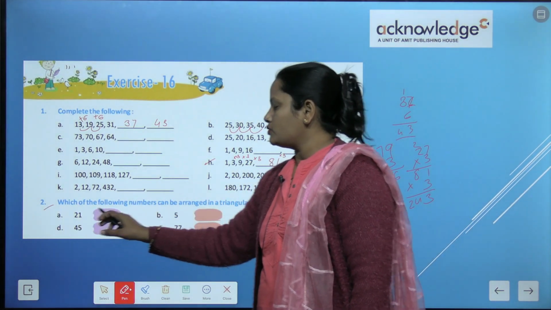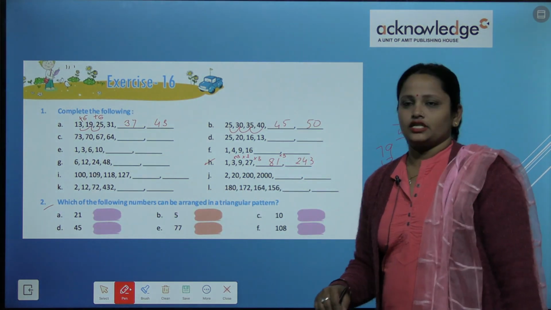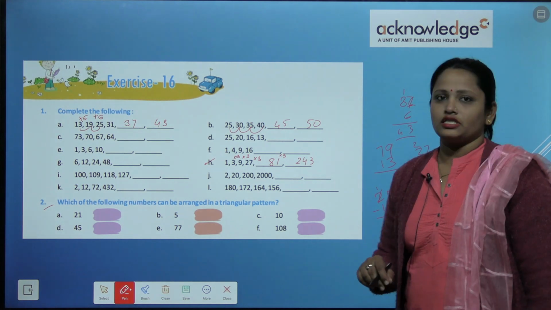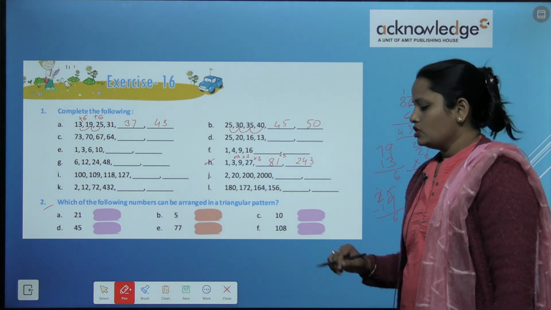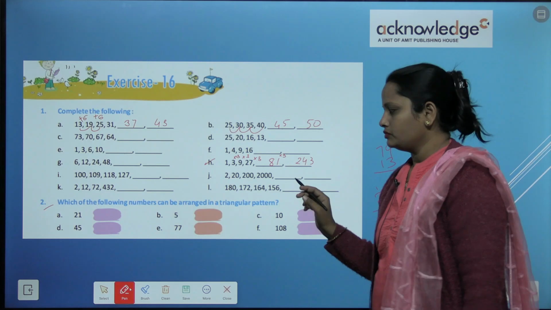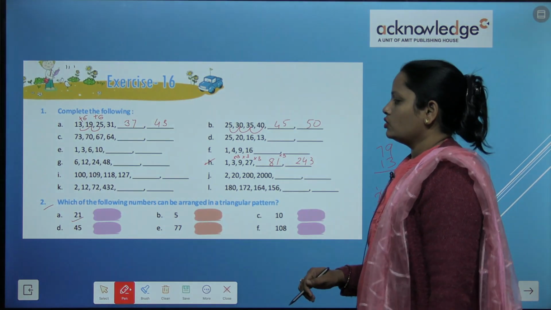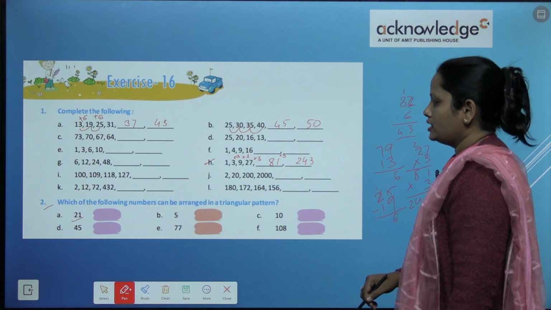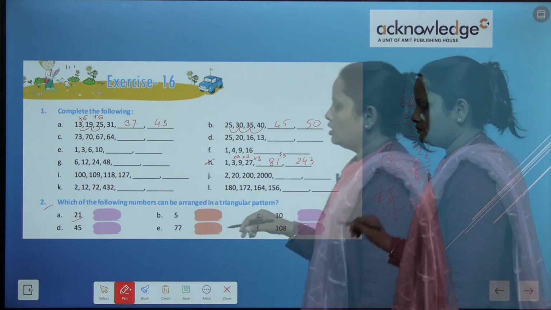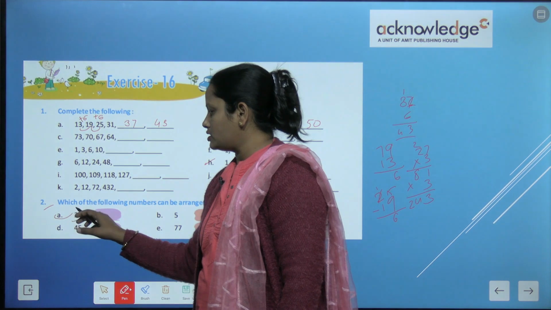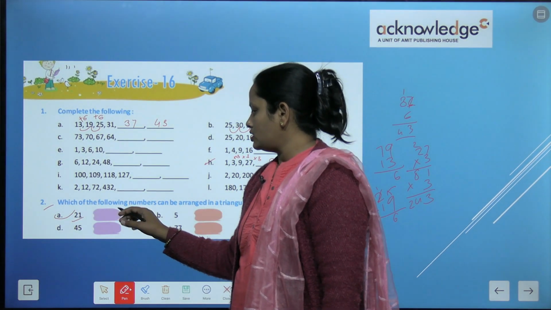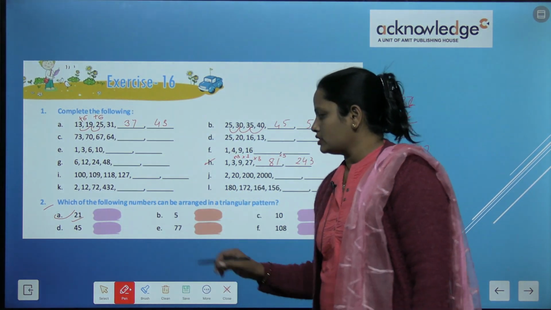Now question number 2 is which of the following numbers can be arranged in a triangular pattern? Triangular pattern में किस number को हम arrange कर सकते हैं? So here let's see this, 21. So yes, it can be divided by 3 and this number can be arranged in a triangular pattern.